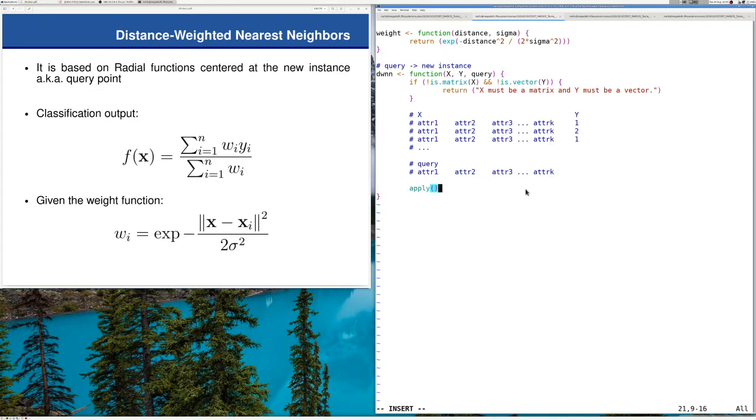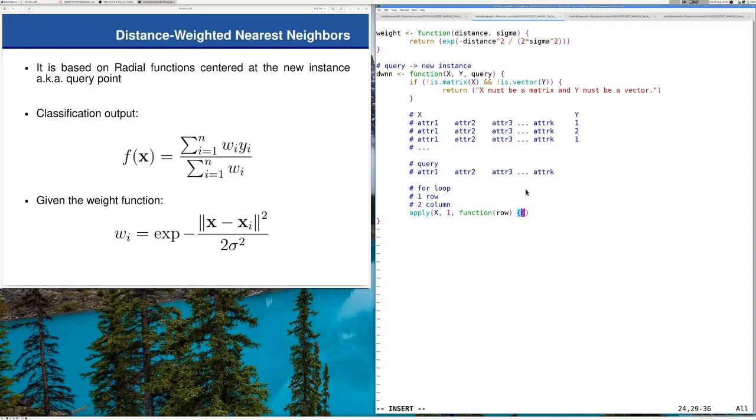We have a function called apply, and apply is going to work as a for loop. Apply on my matrix X along every row. 1 means row and 2 means column. It's going to call a function over here, passing the row as the argument.